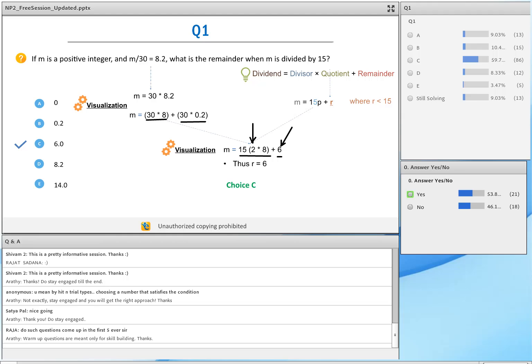Over here. And which is kind of how I want you to do it. Not by doing the math, not by really saying, hey, m is 246, but by just simply using the remainder equation. How many of you used the remainder equation?